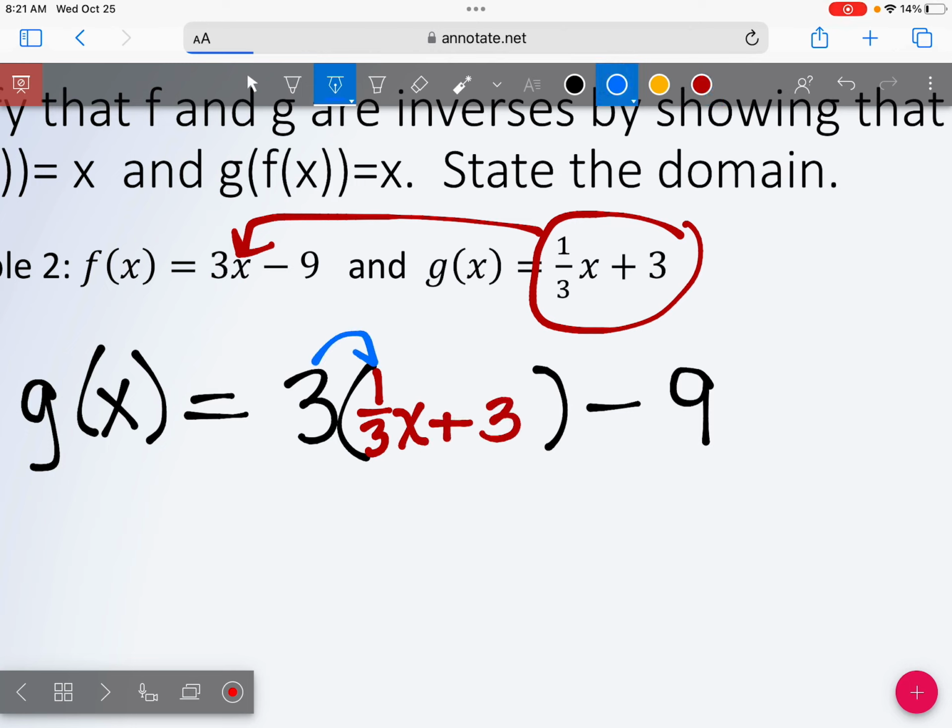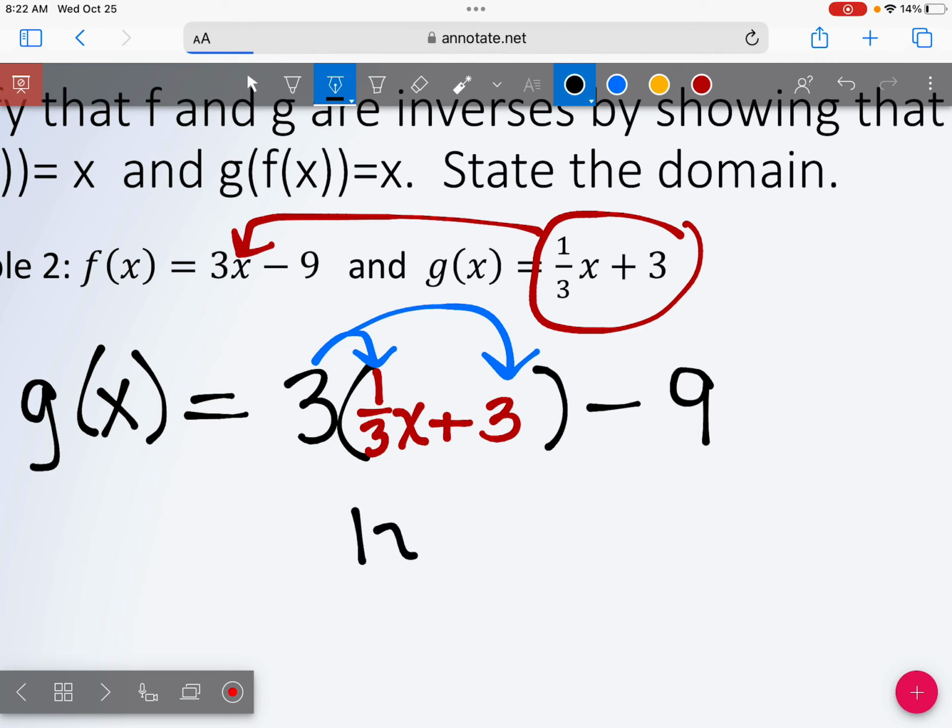So distribute the 3. You're taking 3 times 1/3 and 3 times 3. So 3 times 1/3 is just, what is 3 times 1/3? 1, yep.